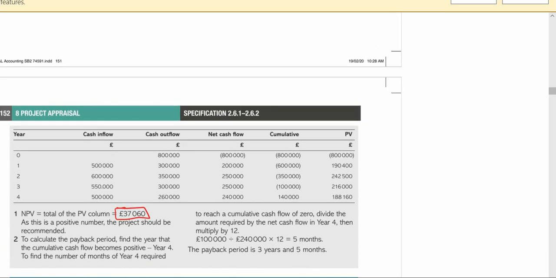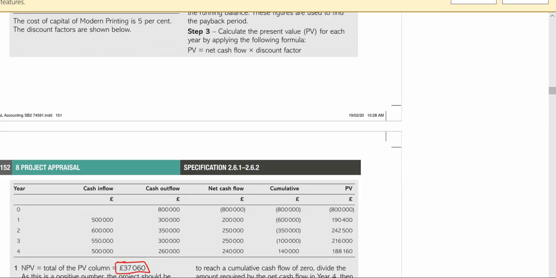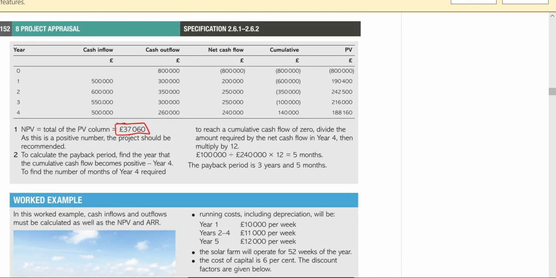For example, cash inflow 5 lakh, cash outflow 3 lakh, so net cash flow will be 2 lakh. In this case the outflow is 8 lakh we invested into the project. Cash inflow 5 lakh minus outflow gives the net cash flow.